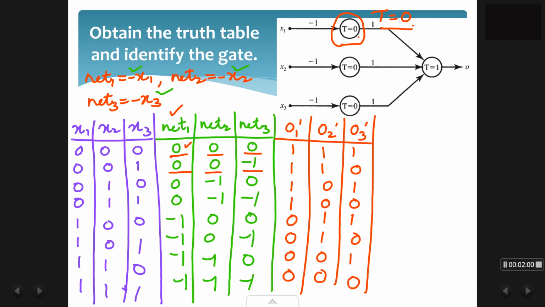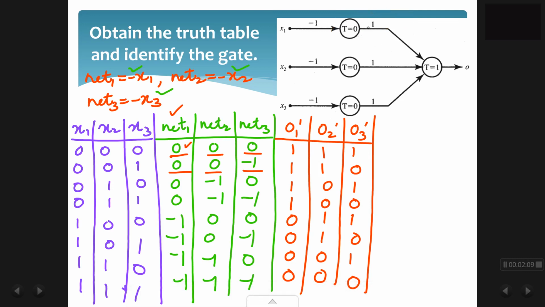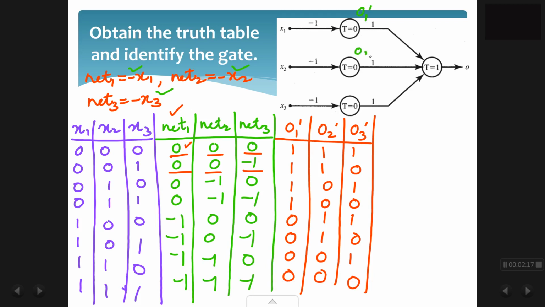Now after completing this table, we have found out what is O1 dash, what is O2 dash and what is O3 dash. That is O1 dash here, O2 dash and O3 dash. So we have found out O1 dash, O2 dash and O3 dash.